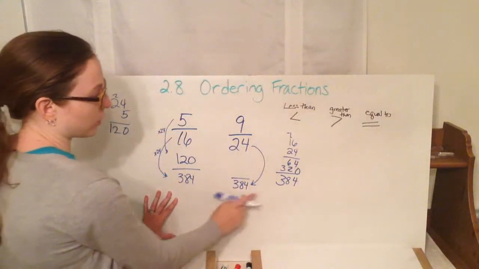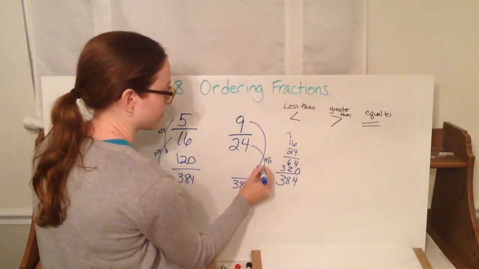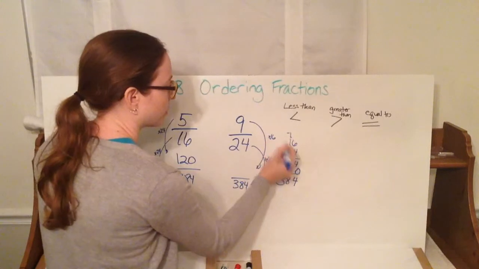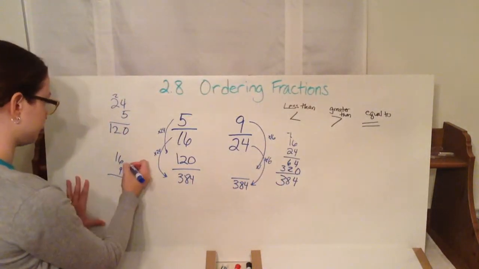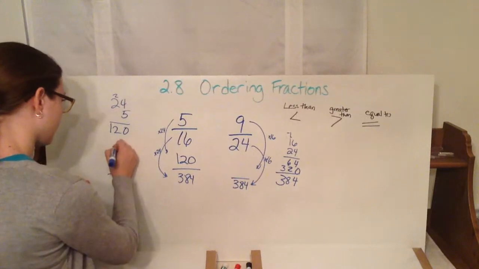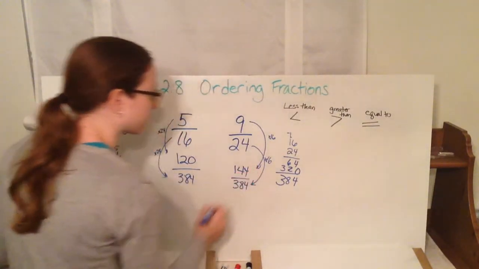24 to 384 went 16 times. So I'll do the same with 9. 16 times 9 is 144.